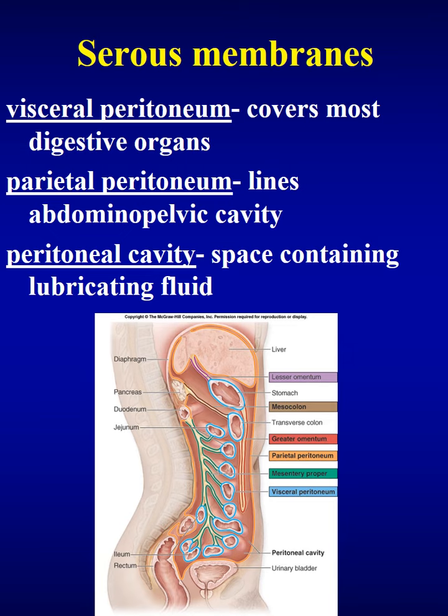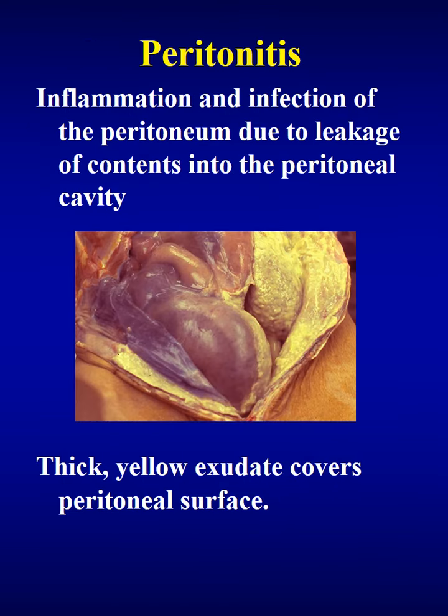The retroperitoneal organs typically lie directly against the posterior abdominal wall, so only the anterolateral portions are covered with the peritoneum. And so these organs include most of the duodenum, the pancreas, the ascending and descending colon of the large intestine, and the rectum.